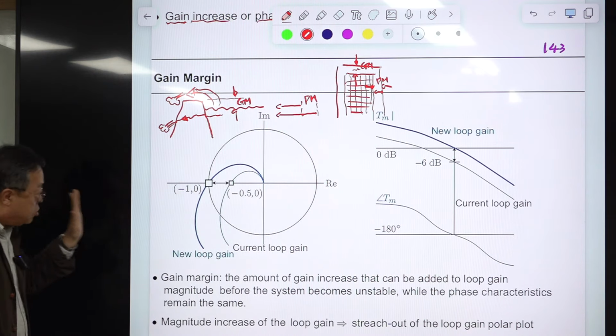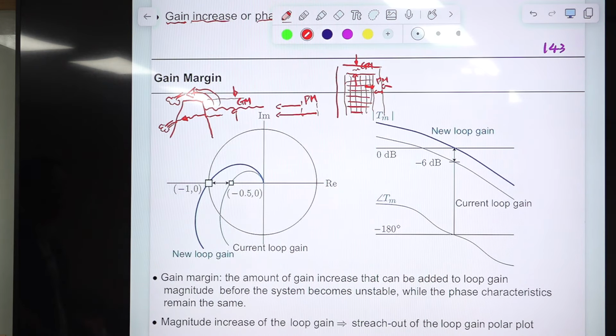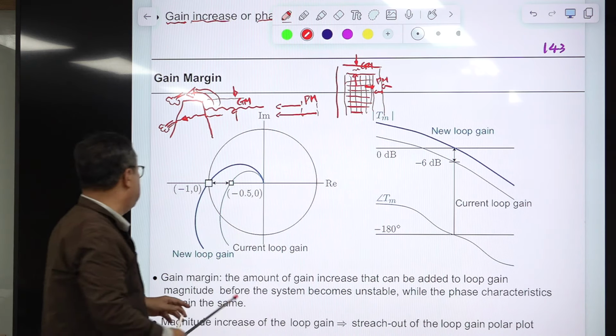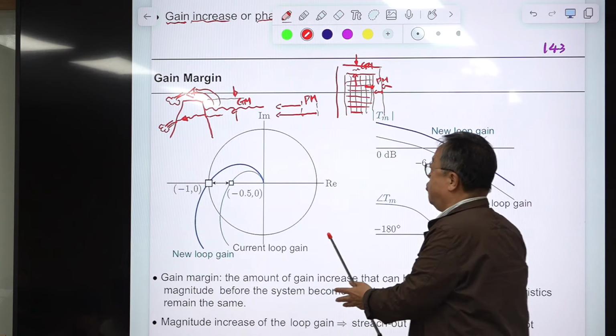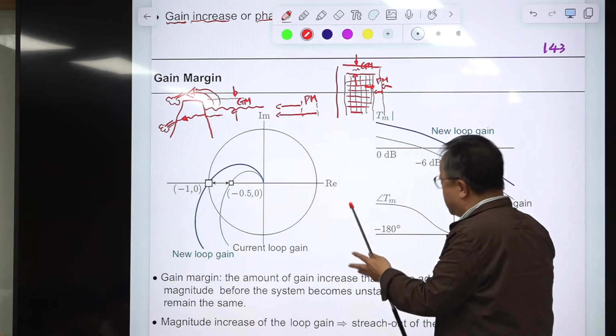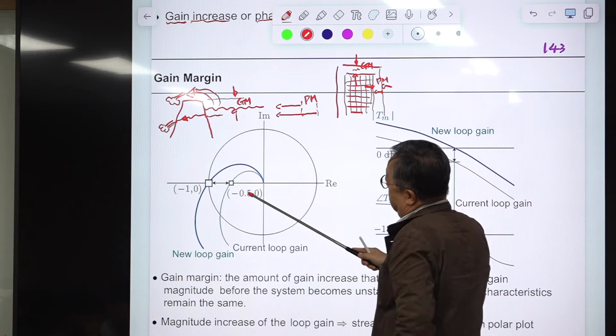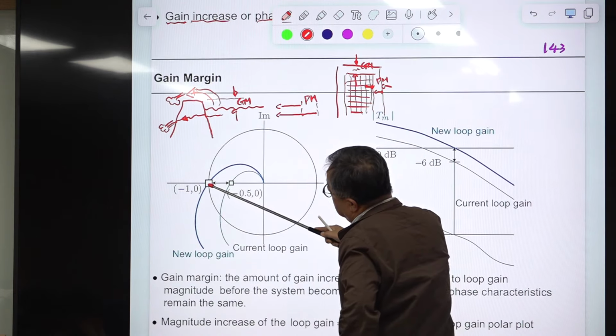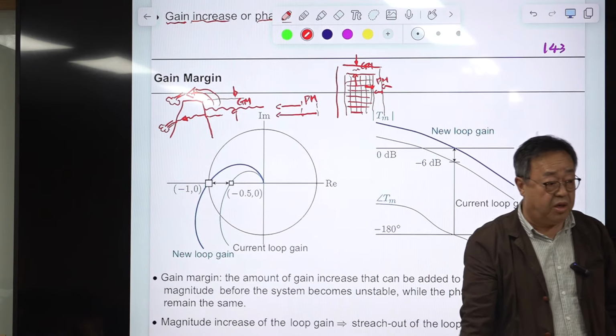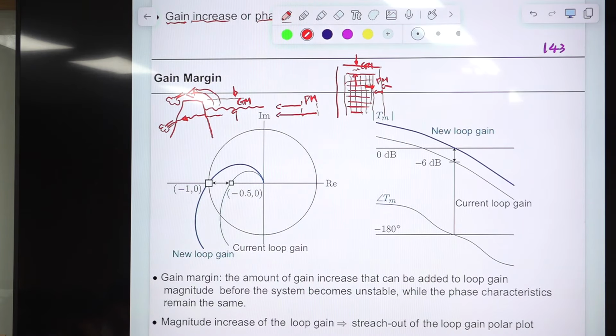Because there are two sources of making the system unstable. One is gain. So suppose this is originally a stable system, okay? Suppose phase is fixed and the gain is increased twice, okay? Then we will pass this critical point and the system becomes marginally stable. So this is called gain margin. How much gain we have before becoming unstable.